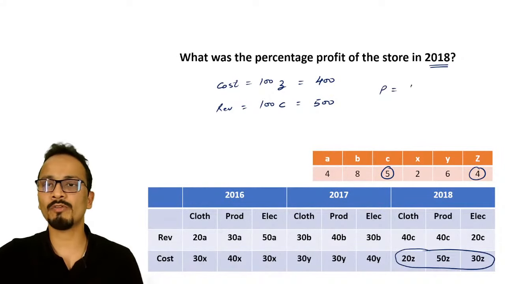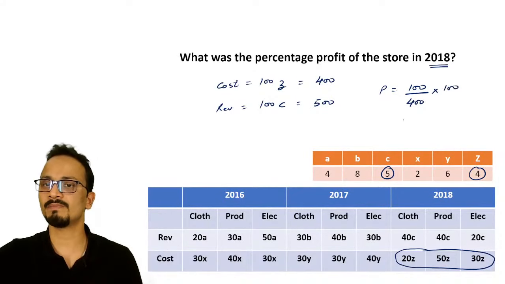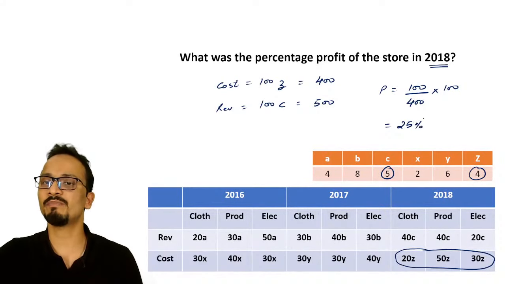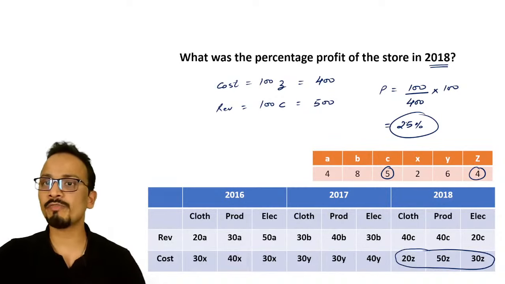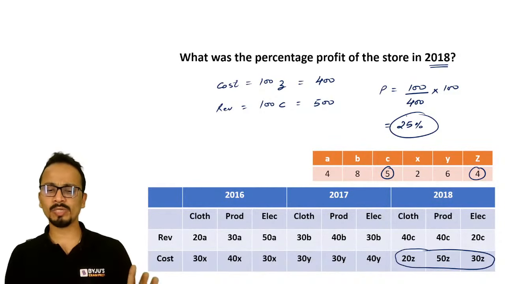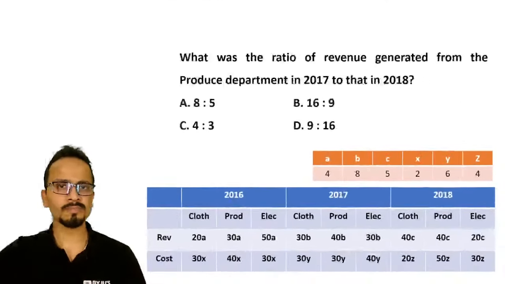So we have a profit of 100 over the cost of 400 into 100. So 1 upon 4 वैसे भी calculate कर सकते हैं, it is 25%. So the percentage profit of the store in 2018 is 25%. Absolutely correct. All right. Now moving on to the next question.